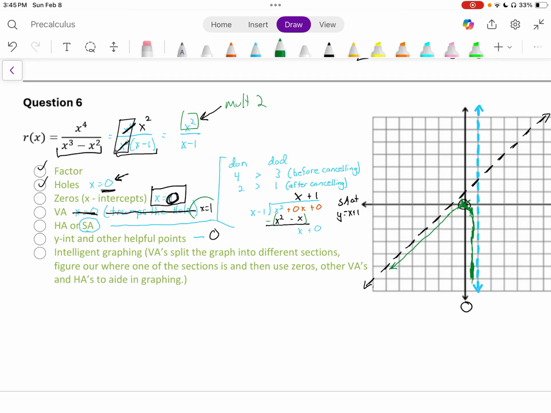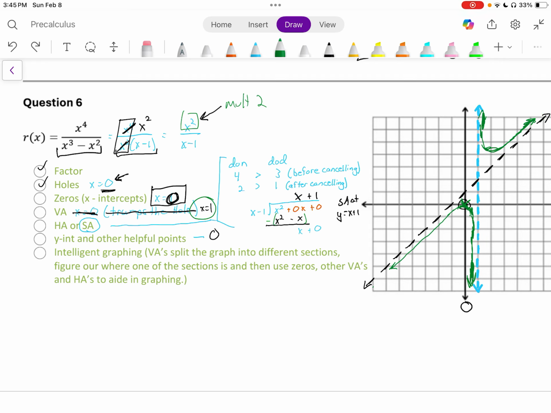Our vertical asymptote is x equals 1. It's just multiplicity 1. So since it was down to the left, it has to be up to the right. And then it's going to change direction here and get closer and closer to the slant asymptote. And also we could know it's this upper branch, because if we tried drawing the lower branch, it would have to go through the x-axis, and we know there's not an x-intercept there.